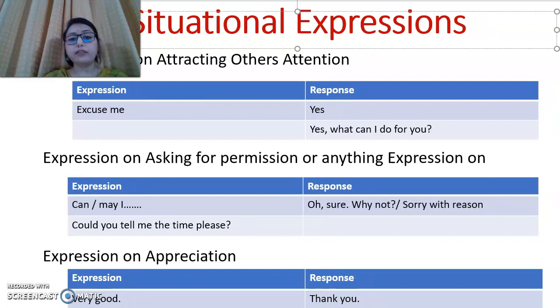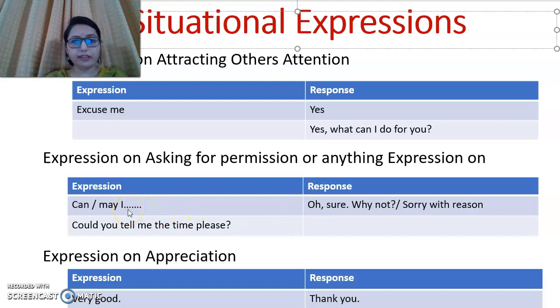Then see the expression on asking for permission, like can or may I have this, may I get this, can I come. If it is about asking permission or taking something, could you tell me the time please. If it is something like that, may I come?